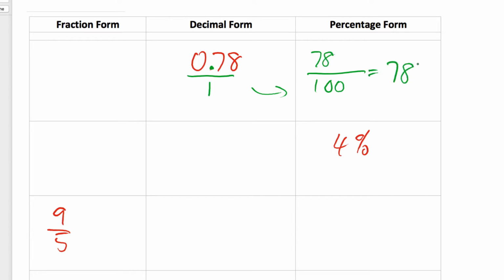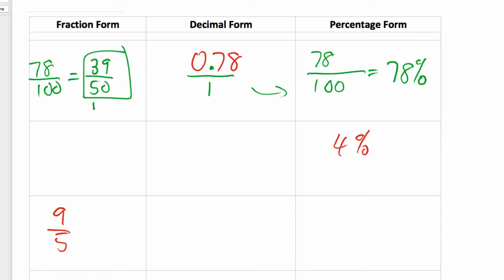We would have 78%. And 78% as a fraction is 78 out of 100 reduced to lowest terms. And so we can reduce our fraction. 39 over 50 in fraction form is the same as 0.78 in decimal form, is the same as 78% in percent form.